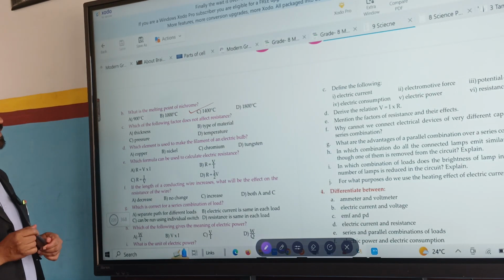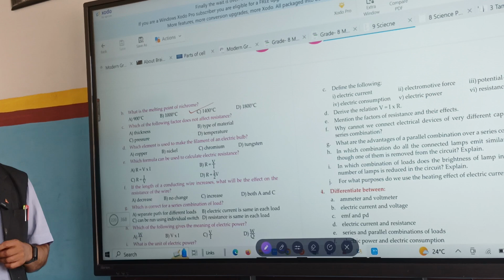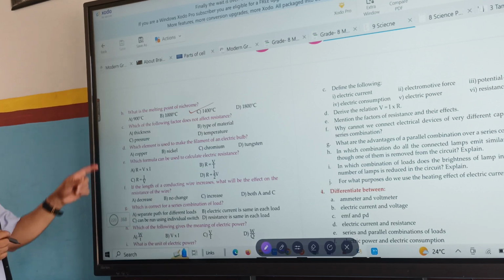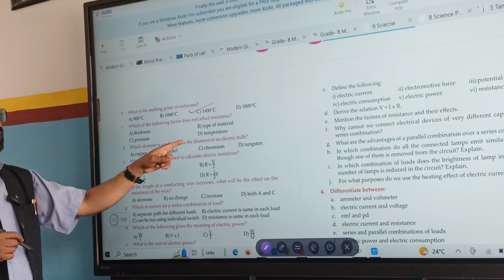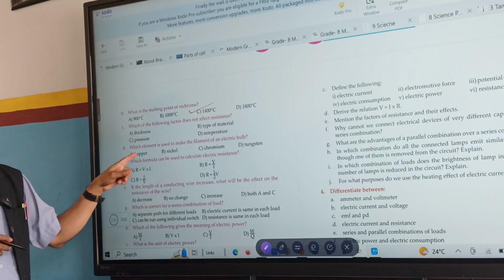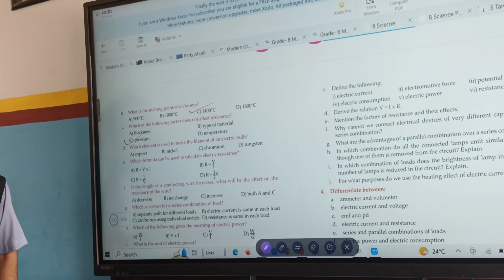Which of the following factors does not affect resistance? What do you think? So resistance depends upon thickness, cross-sectional area, type of material, temperature also. But what is the correct answer? Pressure. That's right. Okay.